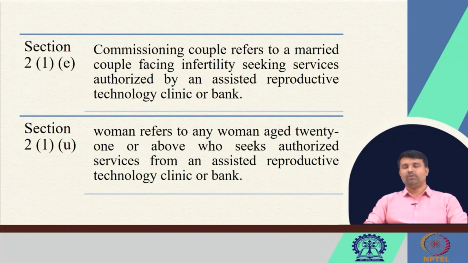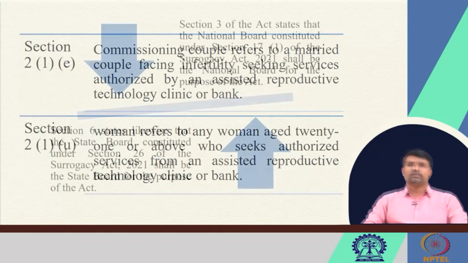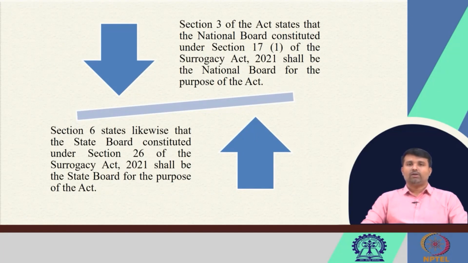Woman refers to any woman aged 21 or above who seeks authorized service from an assisted reproductive technology clinic or a bank. So, in order to obtain services from an ART clinic, the woman should be above the age of 21 years.